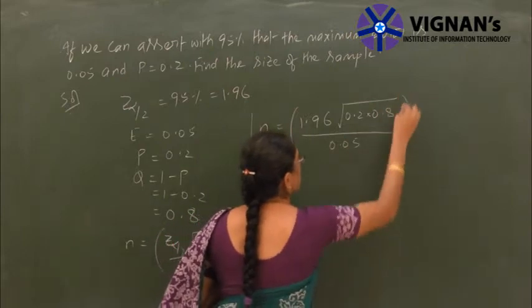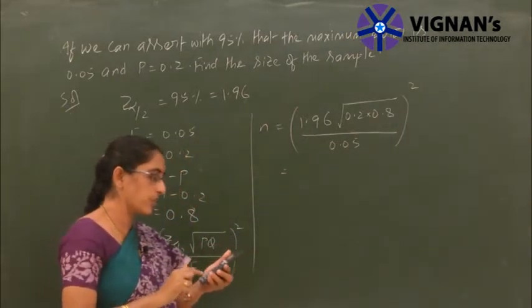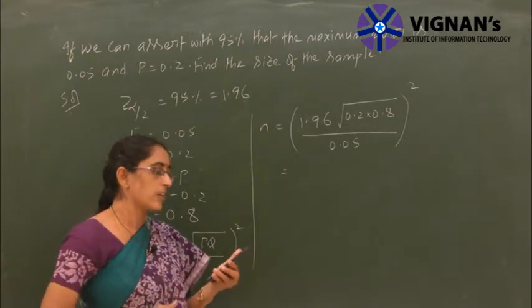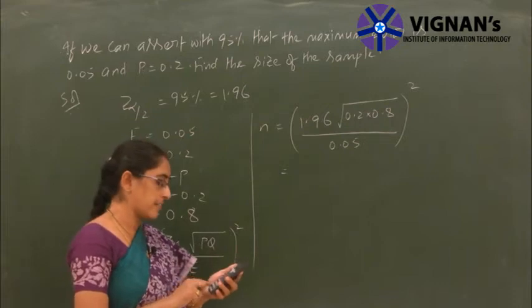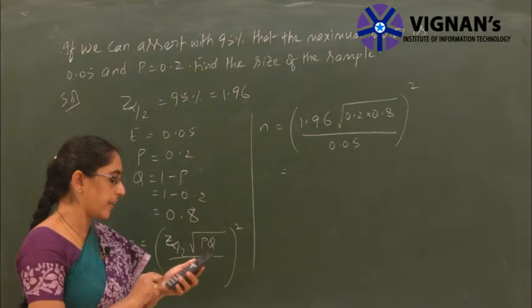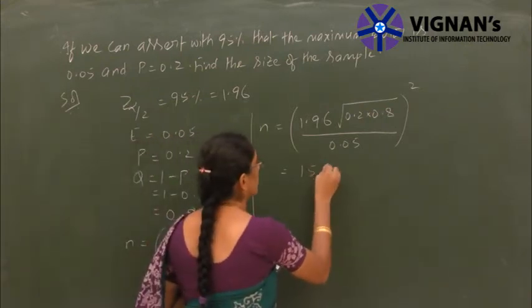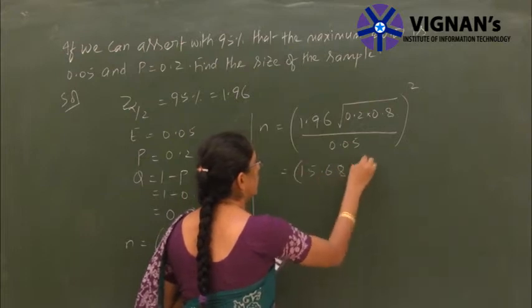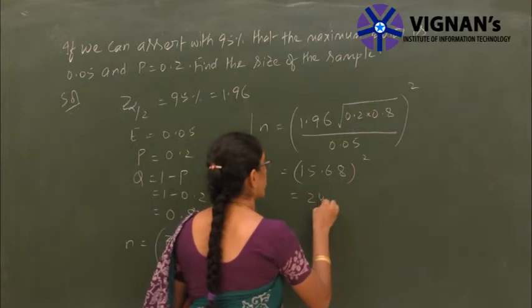So this is squared. First find the square root of 0.2 into 0.8, so it is 0.4. Now 0.4 into 1.96 is 0.784, divided by 0.05 is 15.68. The square of this gives you 245.8.